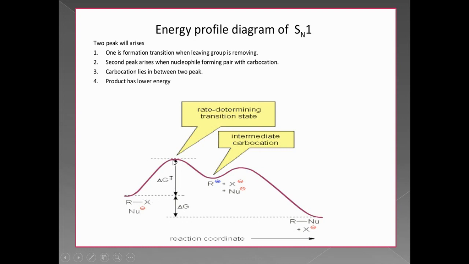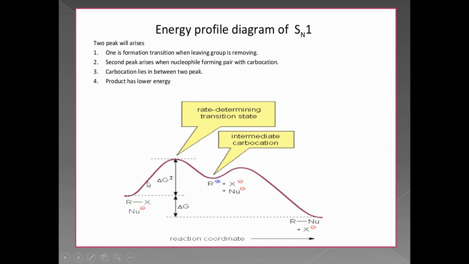Here is the Gibbs free energy required to achieve the first transition state, where the R-X bond is going to break completely and converts into R positive and X negative, that is, the tertiary butyl carbocation which is generated, and the X negative ion which is also formed over here.